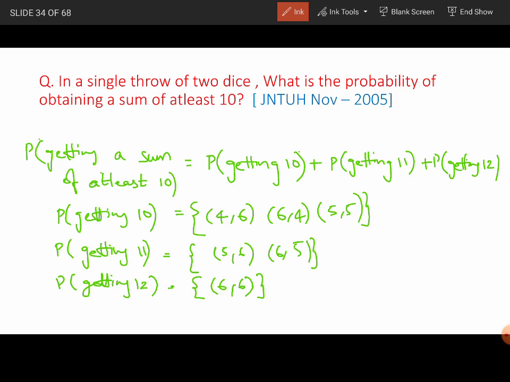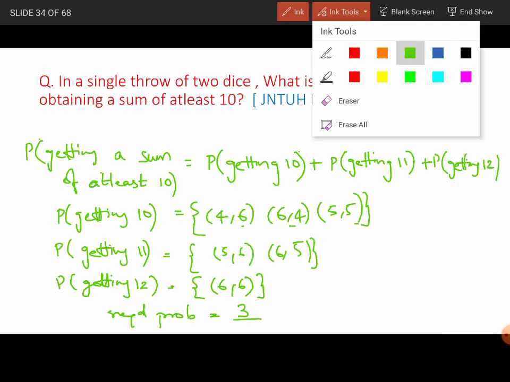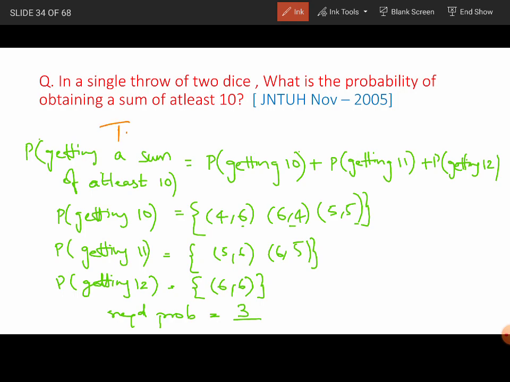So what is the required probability? The probability of getting 10 has 3 favorable outcomes, so 3 by total outcomes. Total outcomes is equal to 6 power 2 for 2 dice, which is equal to 36.